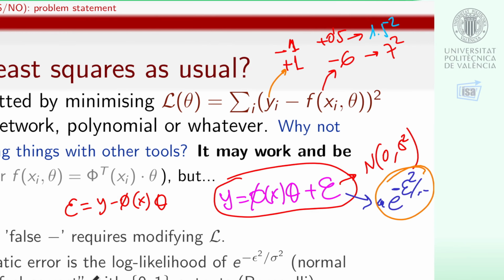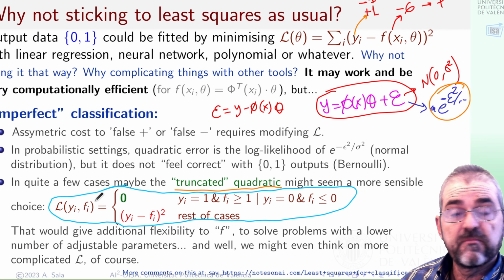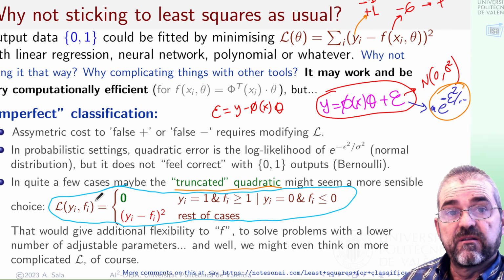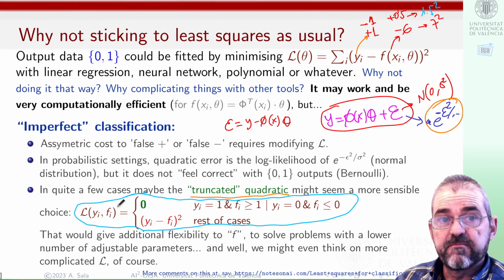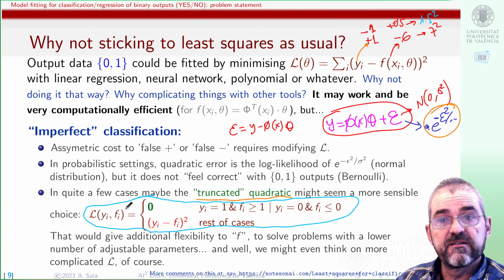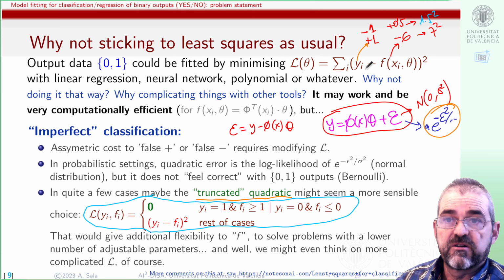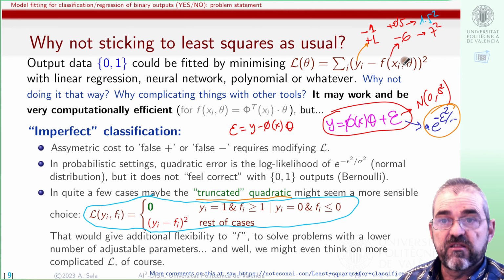Then this kind of loss function is this one, and a cousin of this is used in the so-called support vector machines, and this is the closer loss function I may get to the true least squares, that helps me adding additional flexibility to my function f, because the shape of f can be very simple and going up and down with no penalty, instead of just needing to fit exactly 0 and 1.